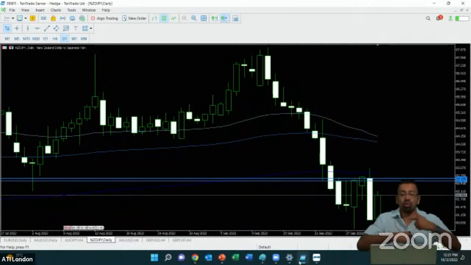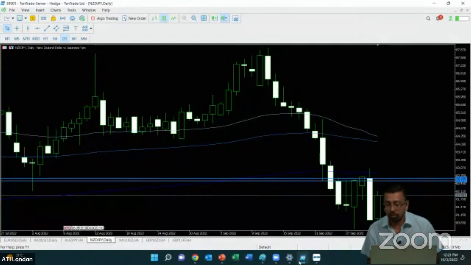If you are already buying NZD-JPY at this moment of time, it's more of a buy opportunity, but it is now priced at 81.95 or so. If you would like to be a little bit safer in your buy, maybe you should buy only at 82.10, and then you can exit at 82.40. That's a 30 pips potential. I hope that is a quick enough analysis for you on an NZD pair, which is NZD-JPY.